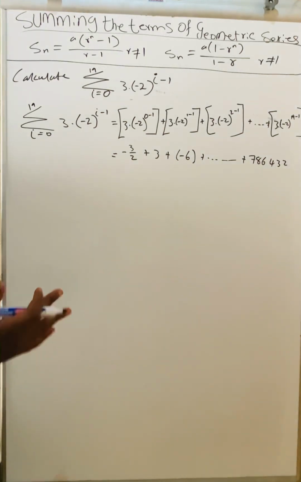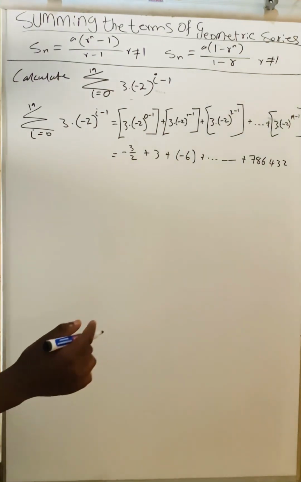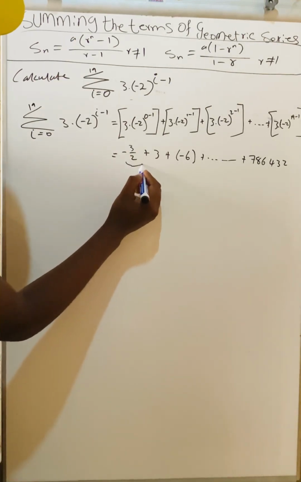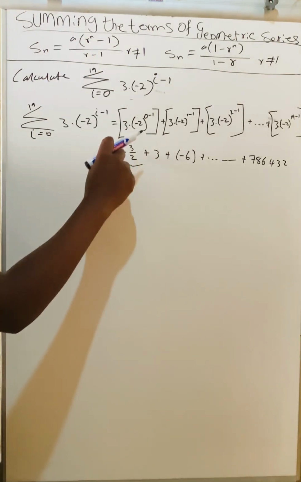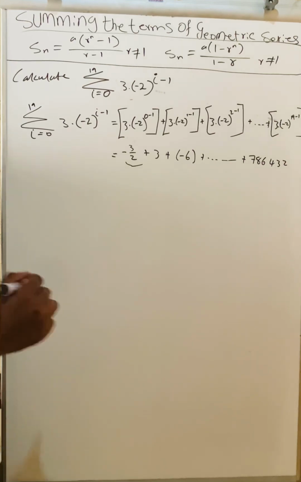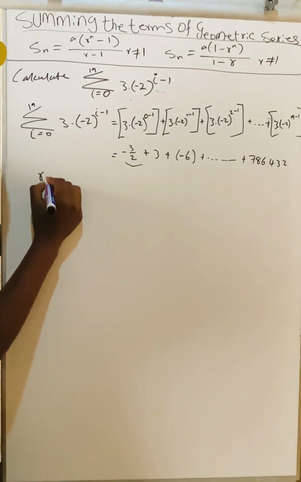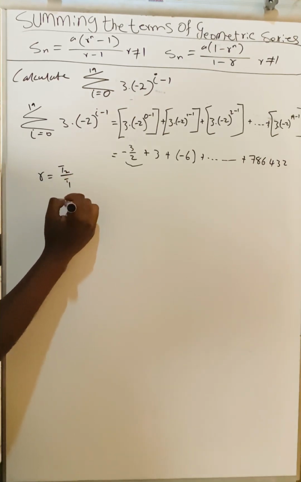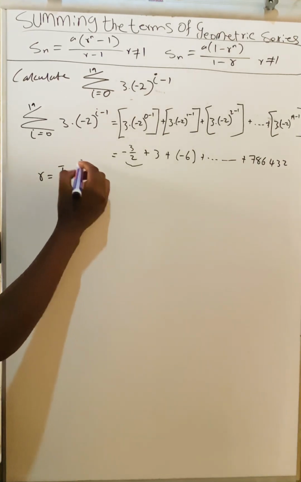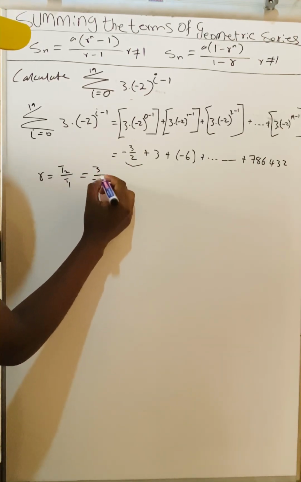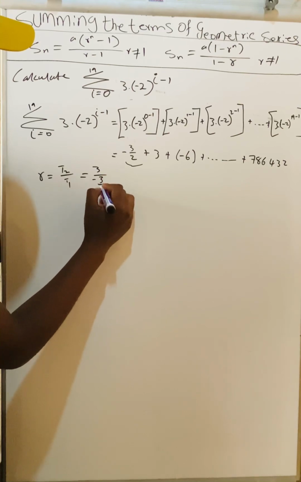From here, it's very simple. We will use any of these formulas. We already have A. What is our A? It is negative 3 over 2. Then what is our R? We can determine R. We say R is equal to T2 over T1, which is equal to 3 over negative 3 over 2.